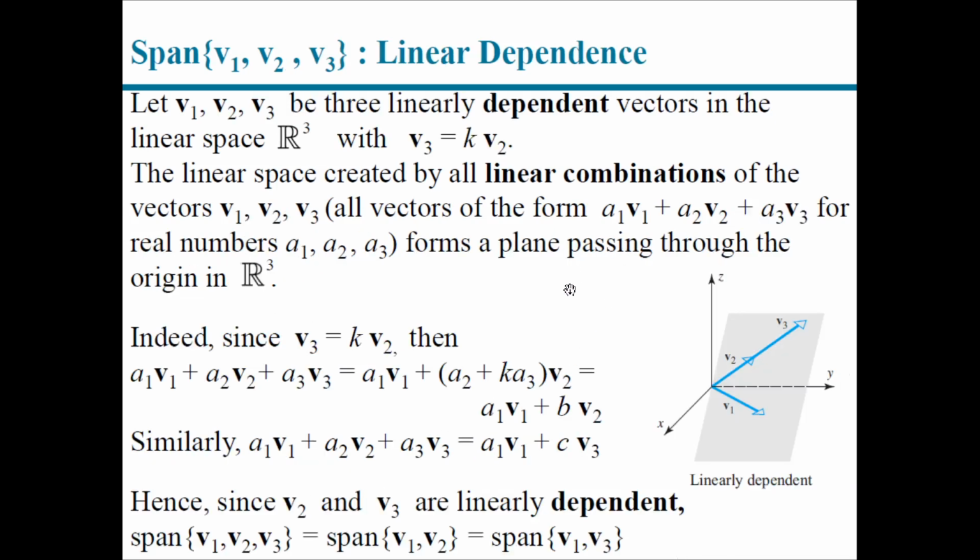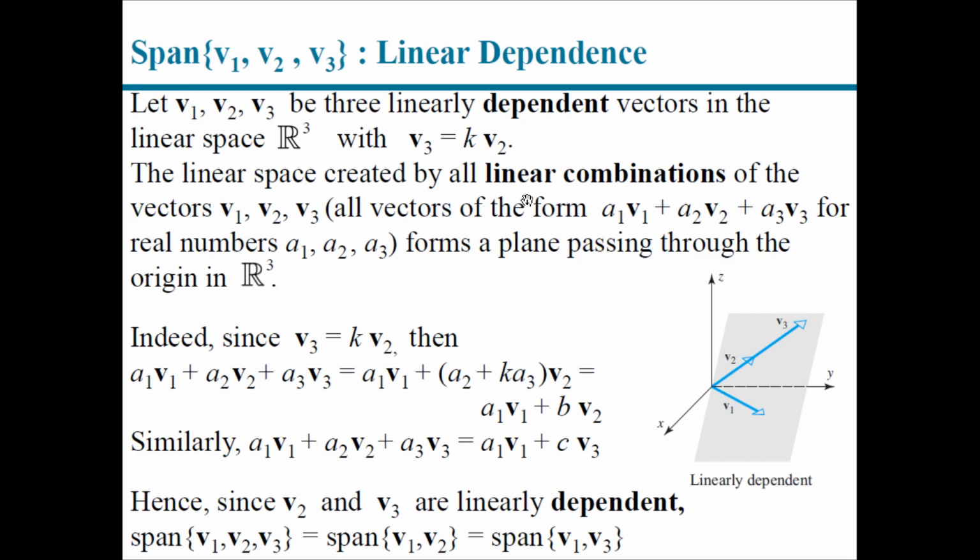So what happens if I'm, let's say, in R3 and I have three vectors, but v2 and v3 are collinear? So v3 is some number times v2. So they're linearly dependent. So the span of v1, v2, v3 is here a plane going through 0, fine.